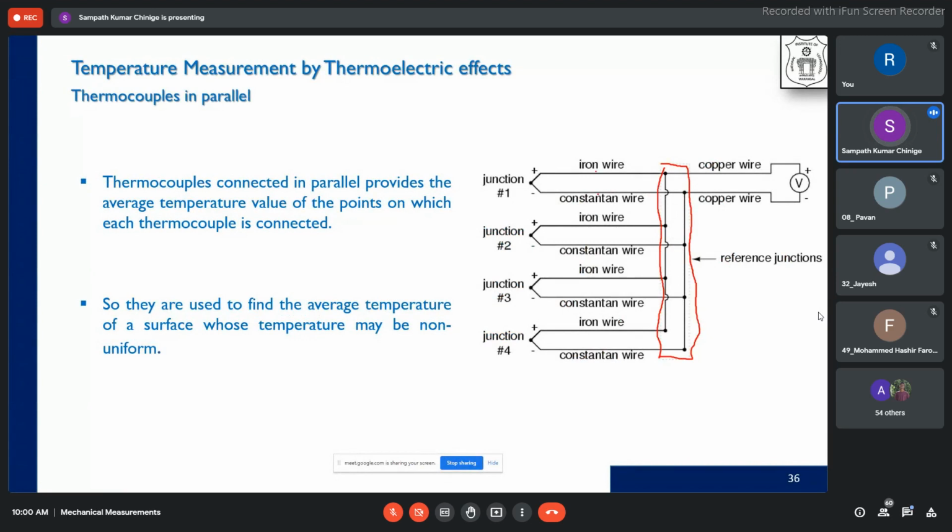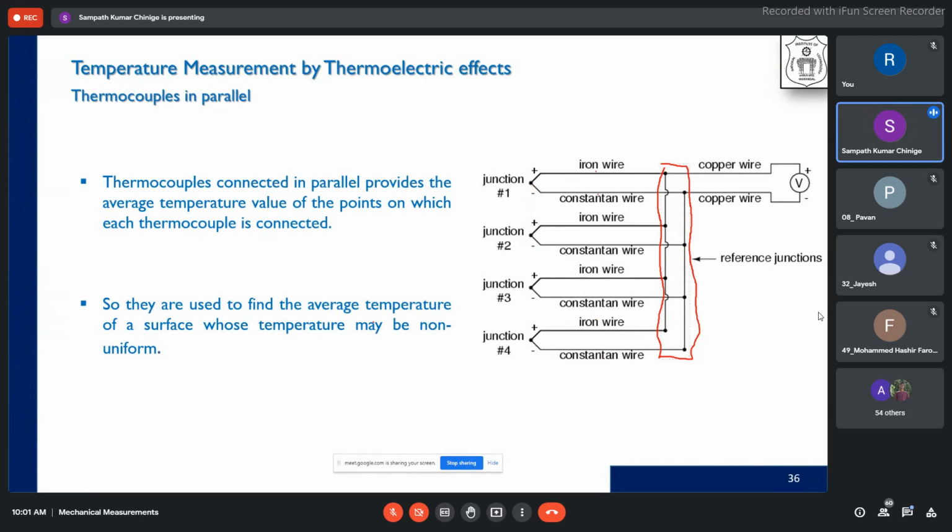See, iron and constantan, iron and constantan, iron and constantan. Because of these connections, junction 1, junction 2, junction 3 are maintained at the same temperature, and therefore they provide the average temperature of the points on which each thermocouple is connected. Whatever the average value of 1 plus 2 plus 3 plus 4 is, you can find it.